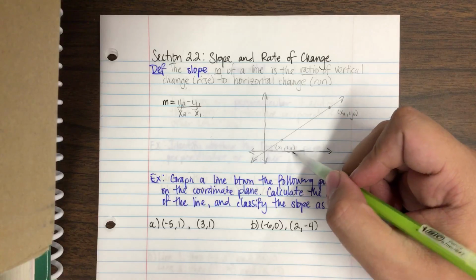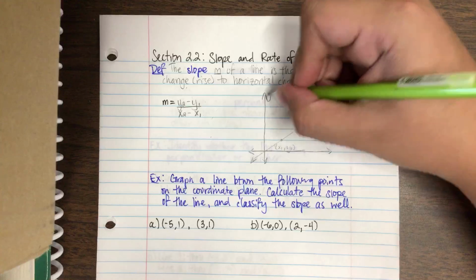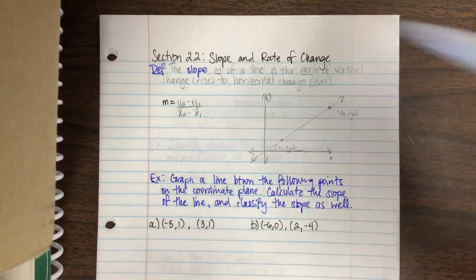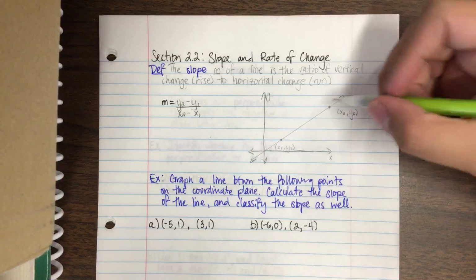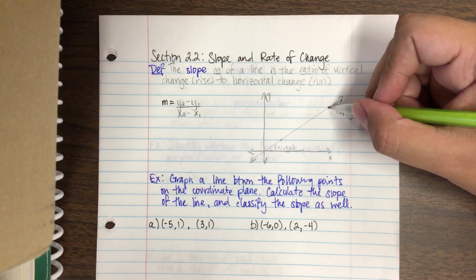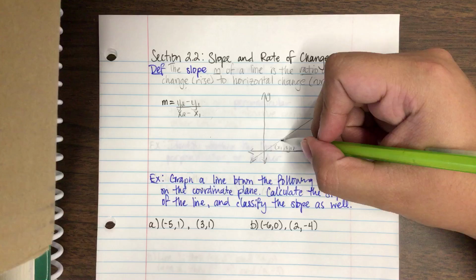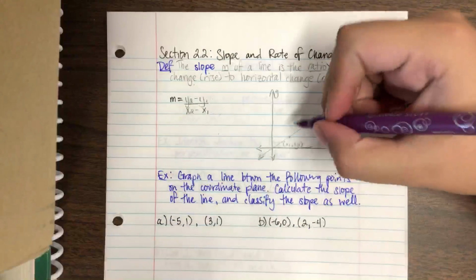So here's our x1, y1, and here's our x2, y2. Remember, this is our y-axis, and this is our x-axis. Okay? So what y2 minus y1 represents is the height of this ordered pair minus the height of this ordered pair. And that, graphically, is this distance right here.